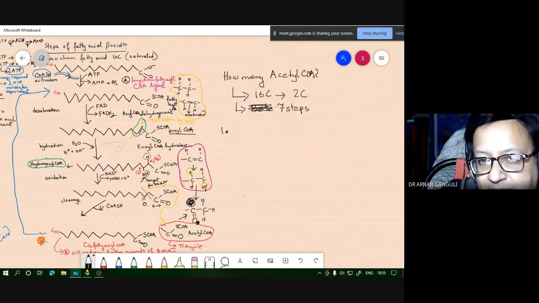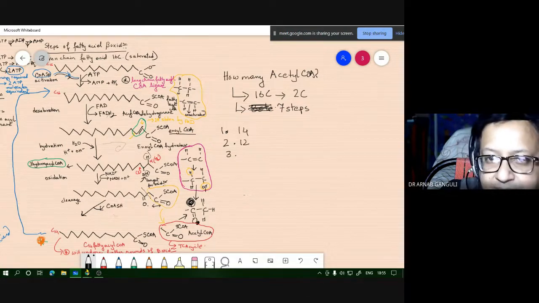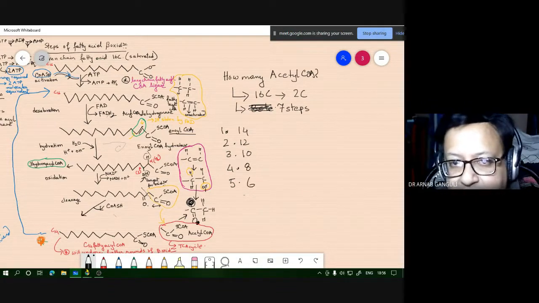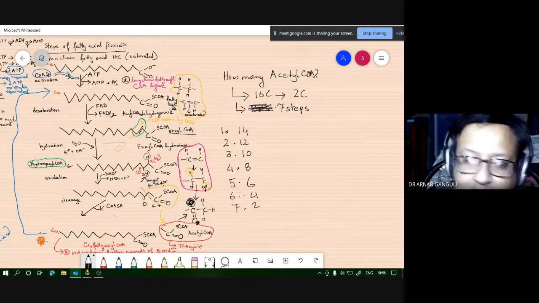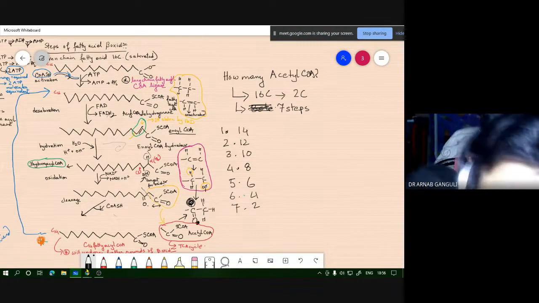First step 14 carbon, second step 12, third step 10, fourth step 8, fifth step 6, sixth step 4 carbon, seventh step 2 carbon. After that it becomes 0, so it doesn't continue.